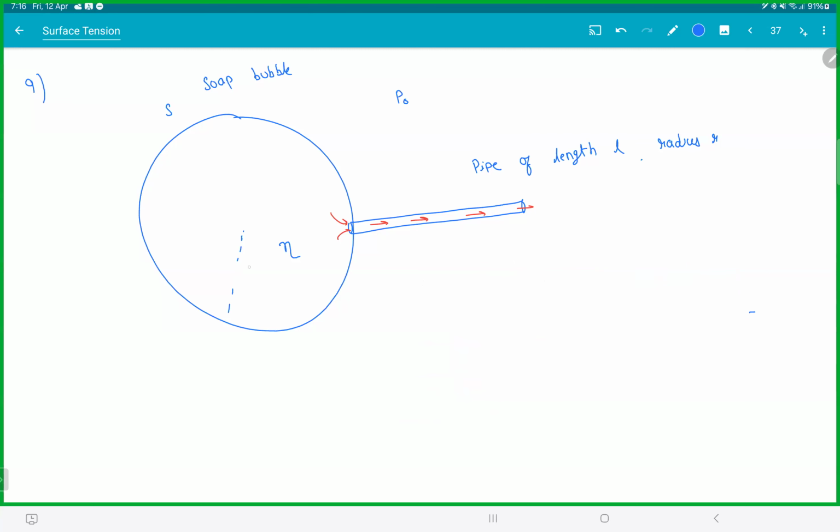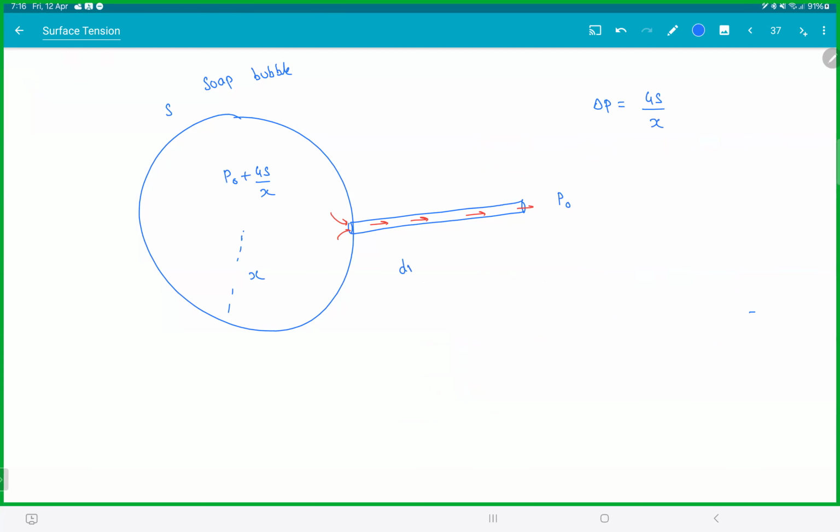At any time t, let the radius be x. Isn't that how we always start? So pressure inside will be P naught plus 4S by x. The pressure outside is P naught. So the excess pressure is 4S by x.